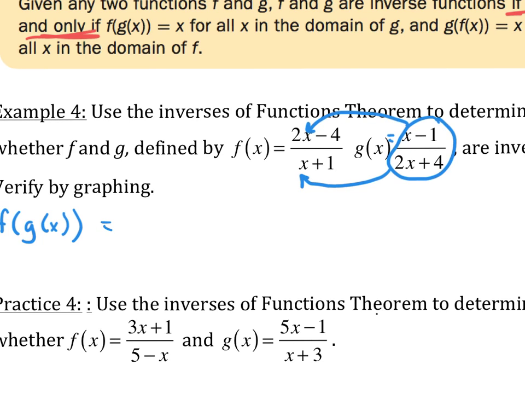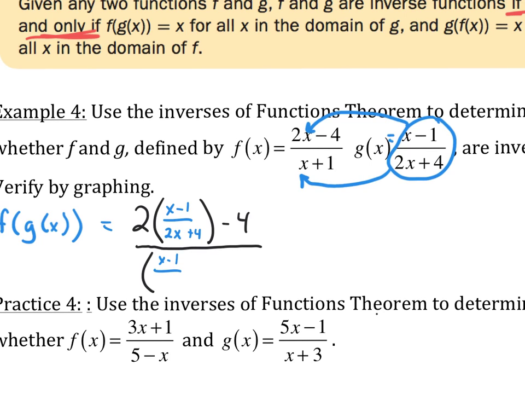This is going to be a complex fraction, so I'm going to give myself some space. I'm going to say 2 times (x minus 1 over 2x plus 4), all minus 4. And then down below is (x minus 1 over 2x plus 4), all plus 1.